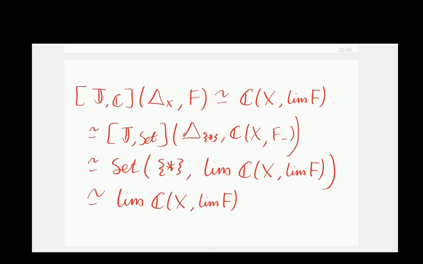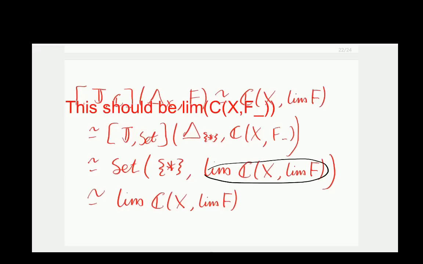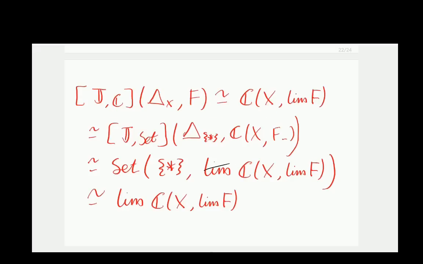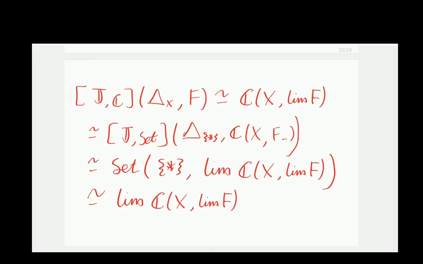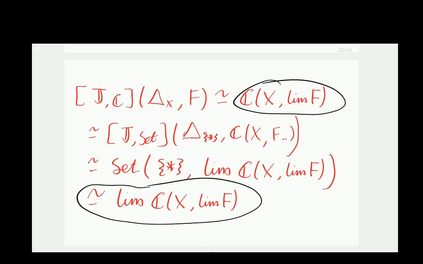Again, we can apply the definition of limit to say that this is naturally isomorphic to this. But what have we got here? We've got the functions from this singleton set to this limit here on the right. And they're just going to correspond to the elements of this set here. So we have that this is naturally isomorphic to this. Chaining all these isomorphisms together gives us our desired result, and we're done.